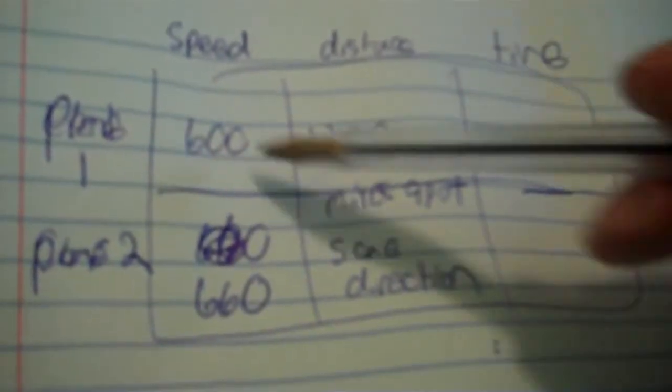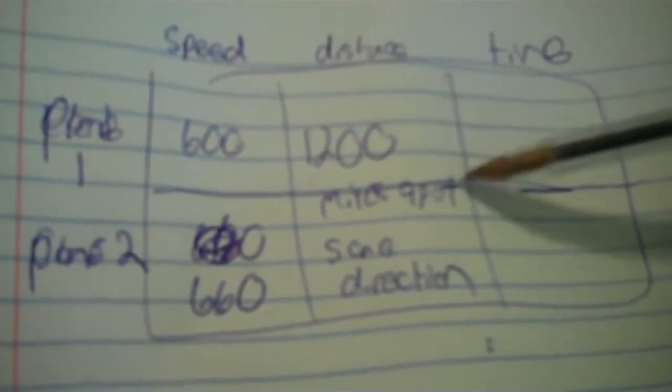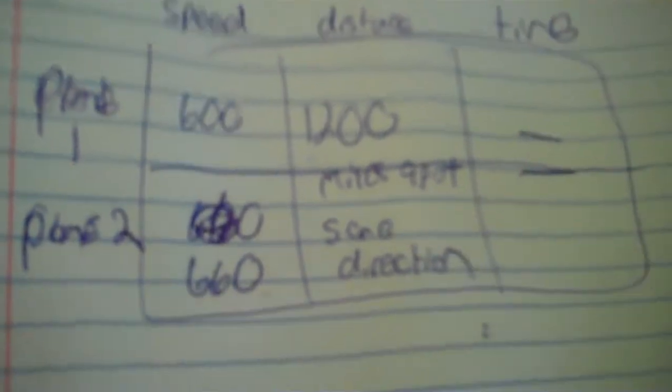That's important. Sometimes they go in opposite directions, but same directions. Okay, the time. The only thing you know about the time is they traveled for equal times. So that's how your table should look. The speeds, and then put how many miles apart and that they're traveling in the same direction.